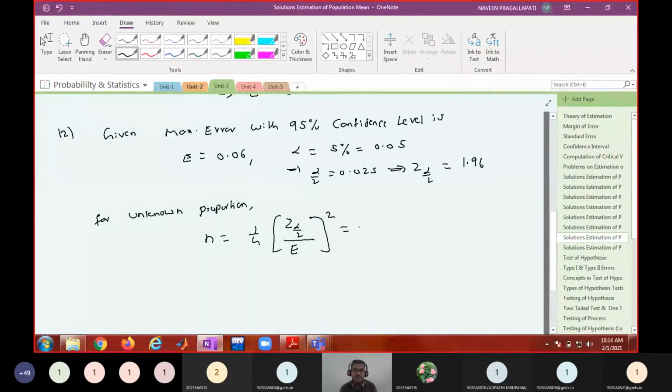So this is 1 by 4 into 1.96 divided by 0.06 whole square. Compute this. 266.77, so nearly 267, approximately, because a sample size cannot be in decimals.